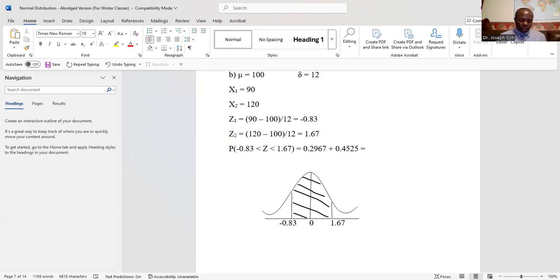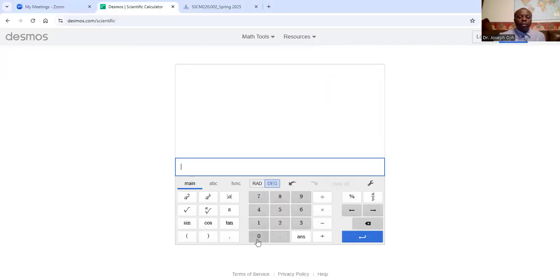Then this is what we're going to put in the calculator. So you have 0.2967 plus 0.4525, which is 0.7492.